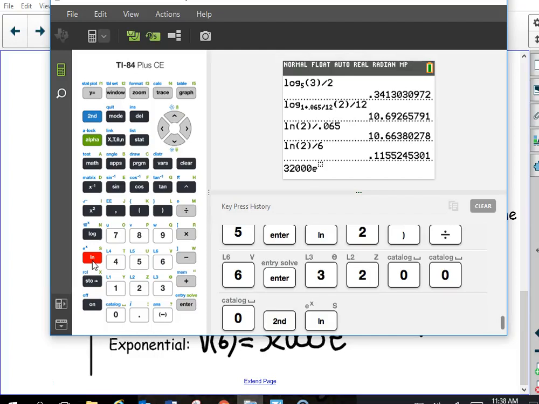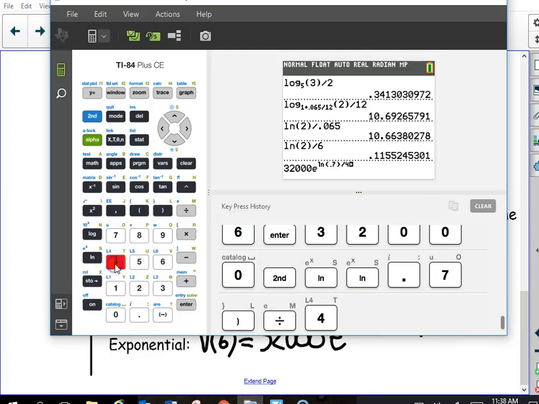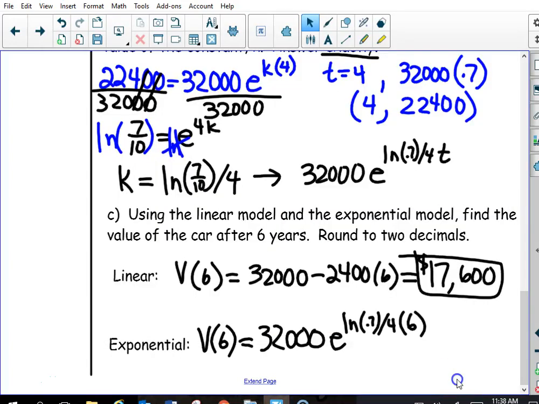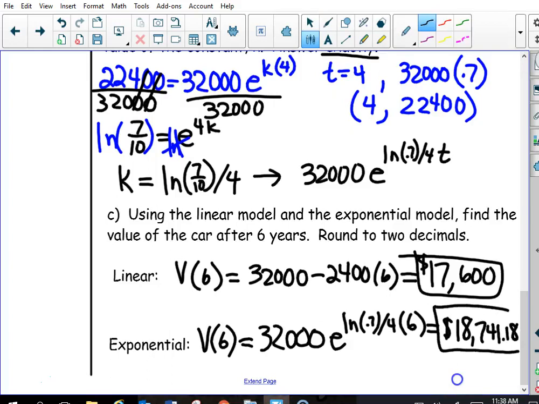And what was it? ln 0.7 divided by 4. I'm going to close that parentheses, divide by 4 times 6. It's going to do it in the proper order of operations. So, and that's a pretty close number to that 17,000. So 18,741.18. And we are done with this lesson. See you in class.